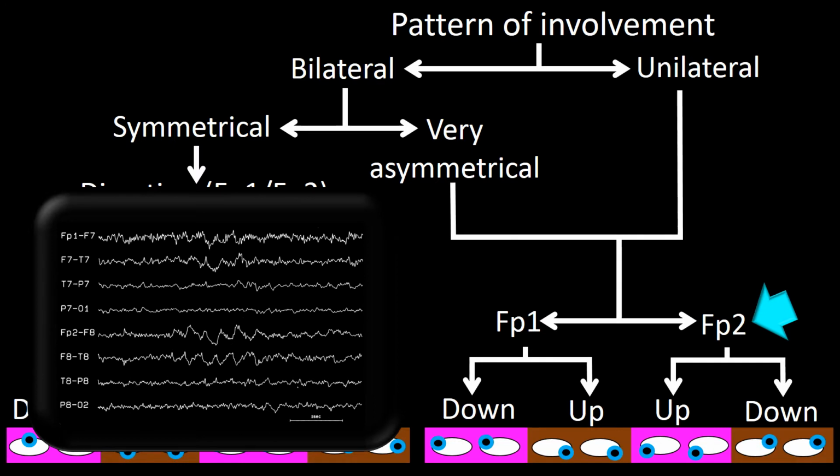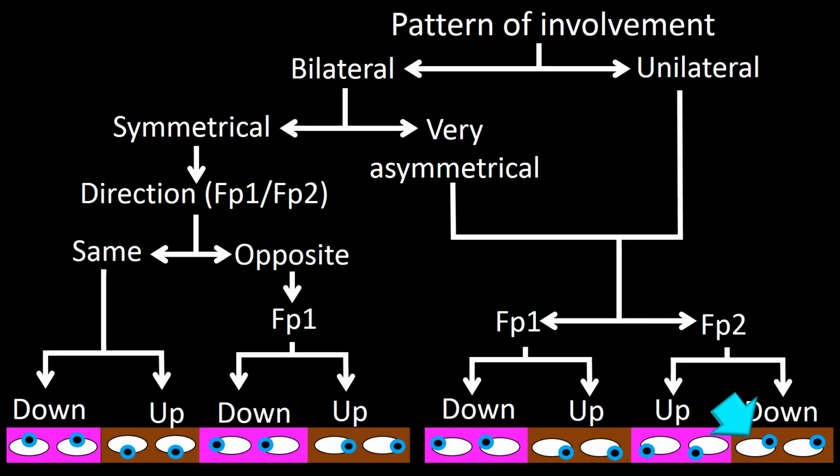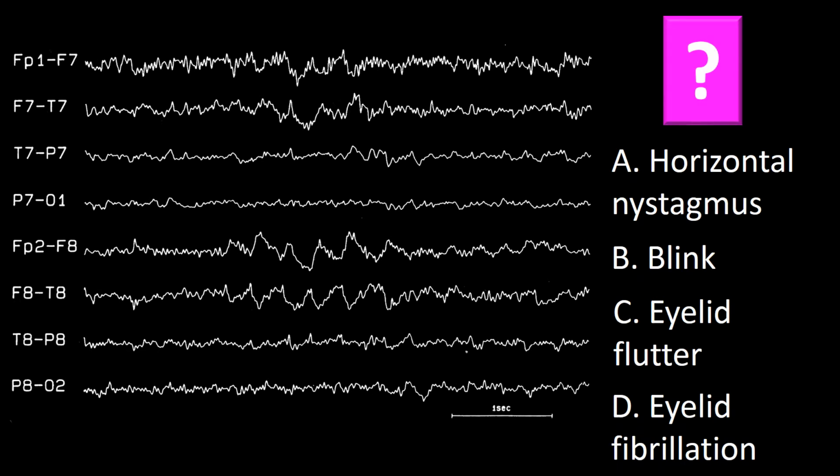Thus, following the chart, we must look at FP2, which was the derivation the activity was coming from, and since the deviation was up and down, to the right and down, now the arrow is pointing to the left and up. So the answer to this question is A.